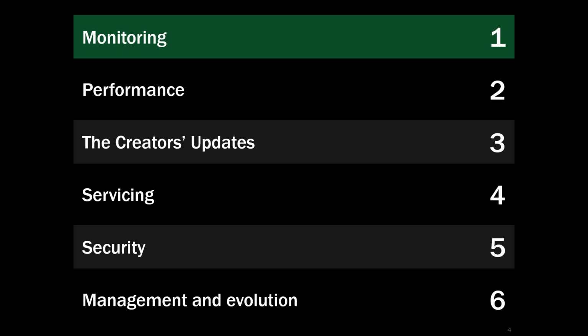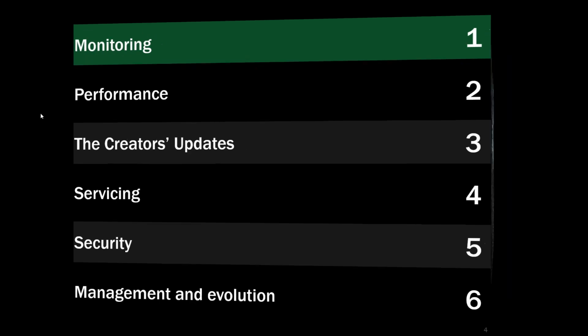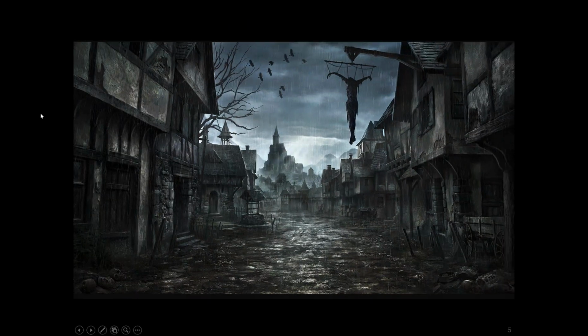There's been some changes to servicing, which was personally disappointing for me, because I spent a long period of time learning all about it and trying to educate other people about it. And there's a lot of security aspects I think we now need to have a look at, and then just a few bits about how the management is changing slightly in Windows 10 and where we think it might go from there.